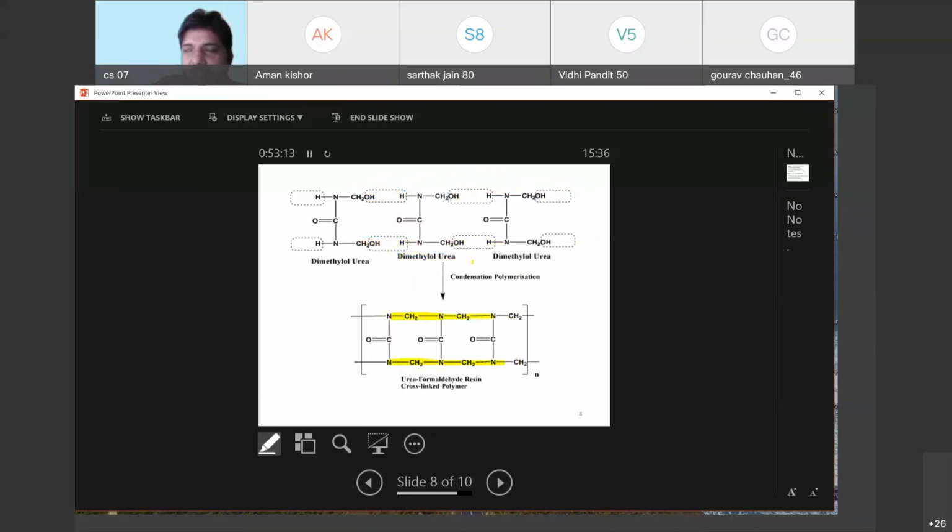ठीक है, so हमने यहाँ पे सिर्फ 3 डाइमिथाइलोयूरिया लिए हुए हैं. ठीक है, in actual practice a number of dimethylolurea molecules connect this way. आपके पास 50 और 100, 200, 300 number of dimethylolurea molecules, they connect this way. ठीक है, and they result in the formation of this kind of cross-linked structure.